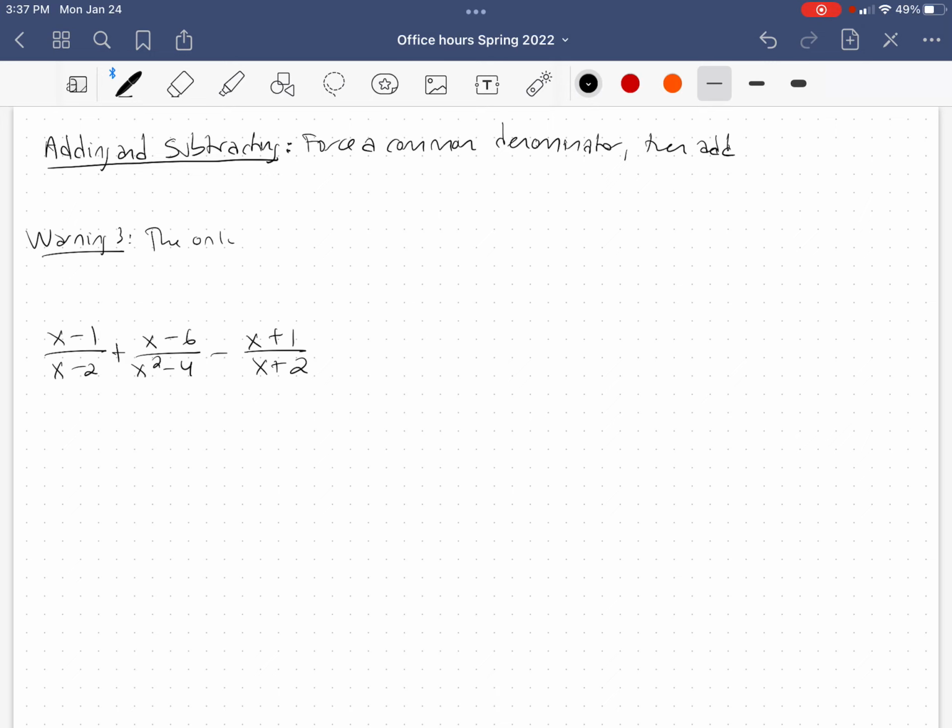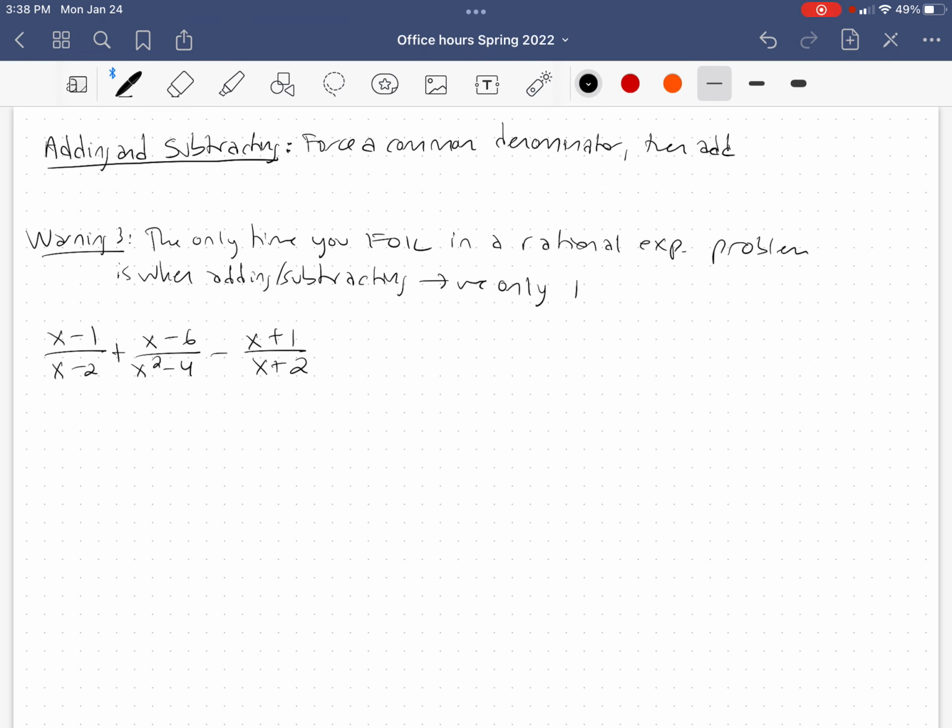The only time you FOIL in a rational expression problem is when adding or subtracting. And even then, we only FOIL the numerator, never the denominator.